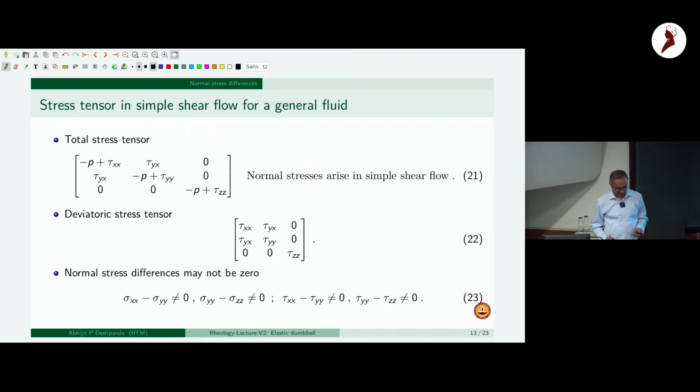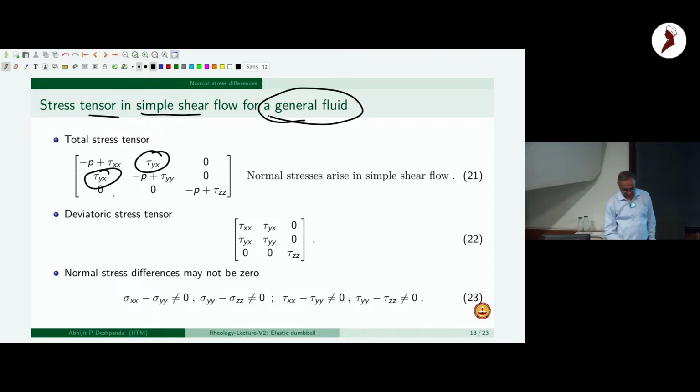Since this dumbbell model also predicts a normal stress difference, we can quickly look at the normal stress differences. As we said, the stress tensor for a simple shear flow for any fluid is only going to have one non-zero shear stress, and then the other three normal stresses as non-zero.